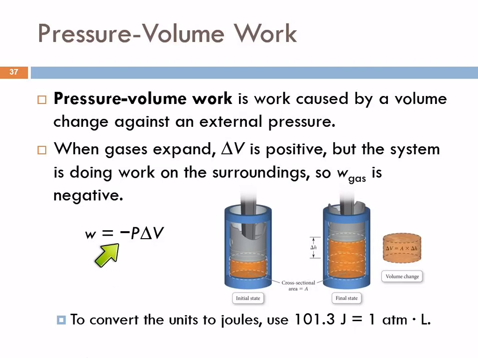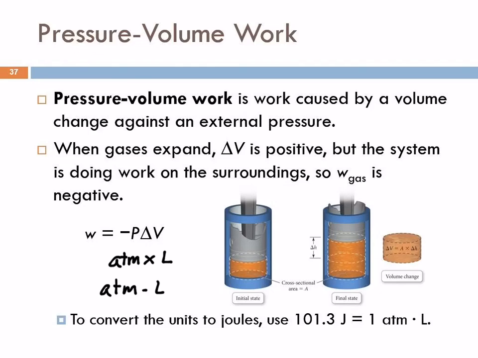Now, if we have a pressure and a volume, what kind of units are we going to end up with? Things get kind of funky there. If pressure is in atmospheres and change in volume is in liters, we end up with atmosphere liters. How is that a unit of energy?